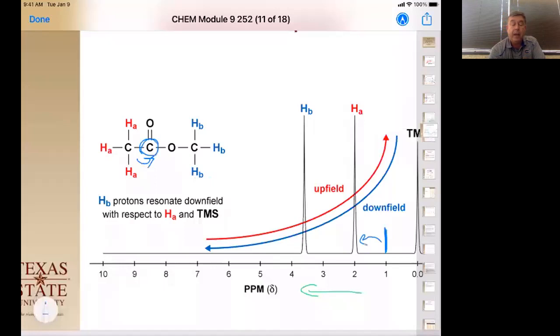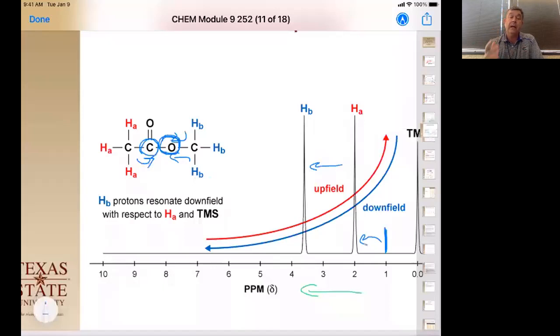Now, this oxygen here is more electronegative than the carbon, and it is going to inductively pull even more electron density away than the carbonyl itself, and is therefore shifted downfield as well. In fact, it shifted further downfield than the carbonyl would.